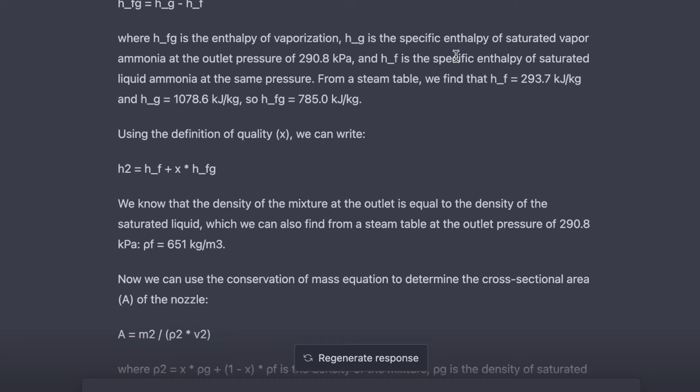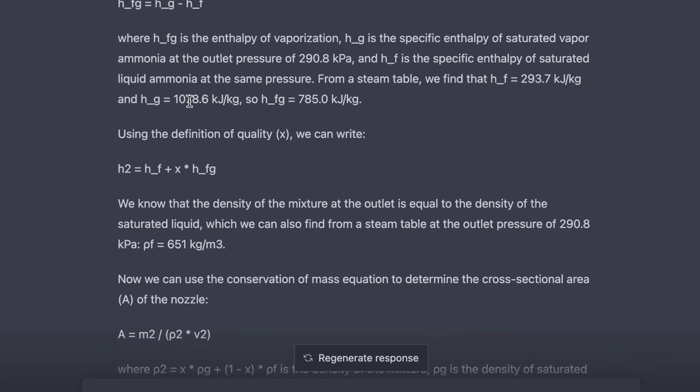From the steam tables, we find that the HF is 293, and the saturated vapor one is 1,000. So this is completely off, right? When it gets to this point, it's completely off. I'm not sure what it is basing this on, because for this value here, we know that the HF is 135-ish, and the HG is 1433.